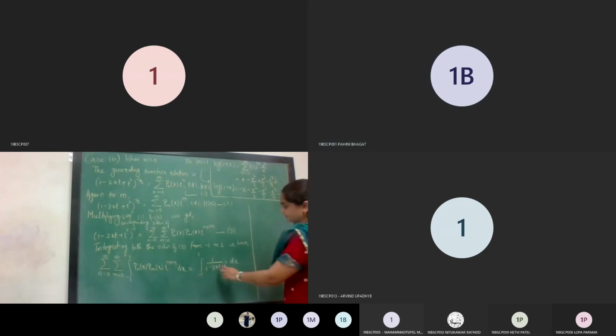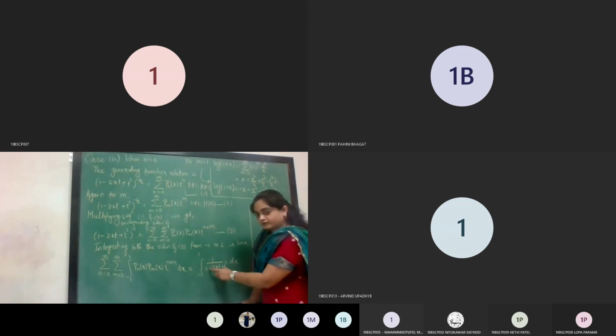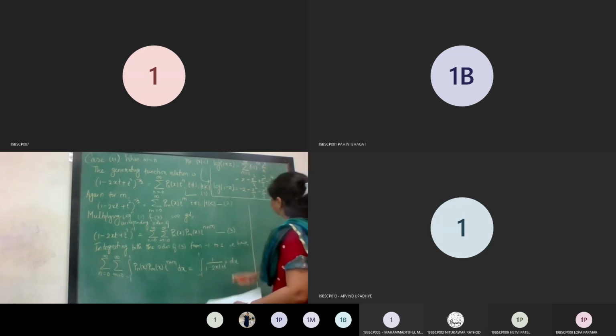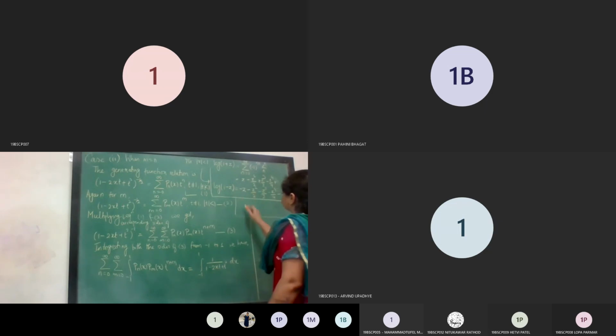Yeah, so fine. See, we are going to consider the integration with respect to x. Since the function of x is in the denominator, therefore a logarithm function has to be there. But how will this logarithm function come? If you remember the formula, integration of f dash of x upon f of x dx is log of f of x.